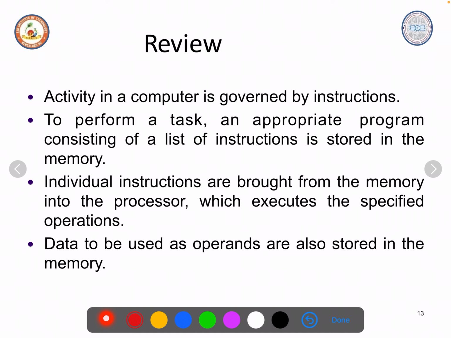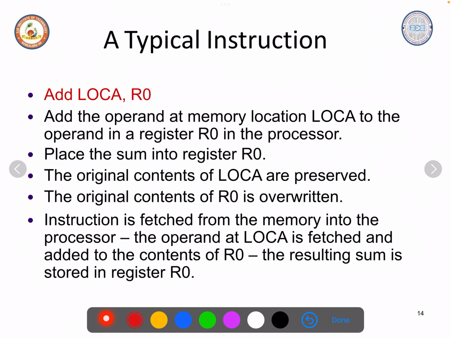So data to be stored or data to be used as operands can be stored either in memory or in registers. If it is in the memory, we need to fetch that data from the memory. Suppose I consider some typical instruction, which is something like Add.